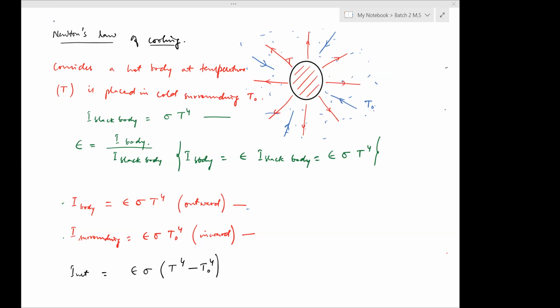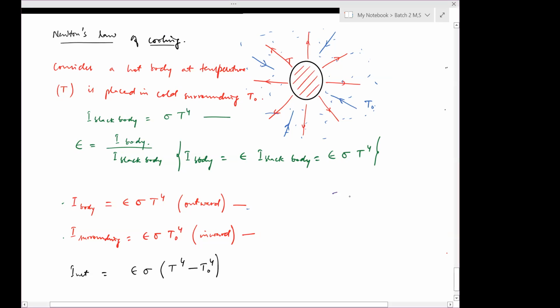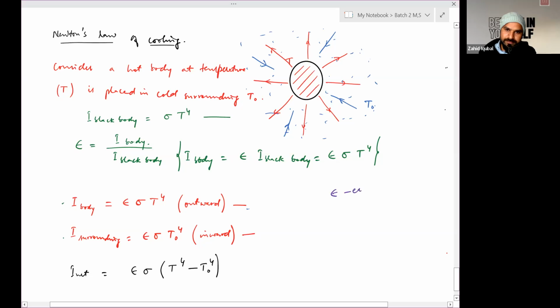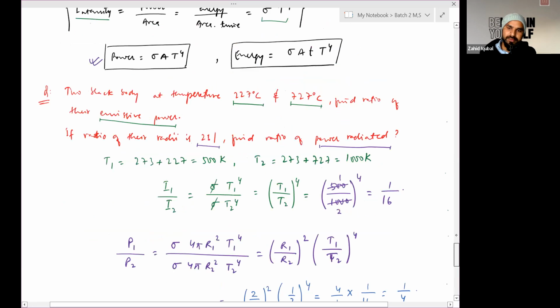So what is before sigma? Epsilon. So can you see this pen? Just 1 minute. It defines here emissivity. Just 1 minute. Let me show you.